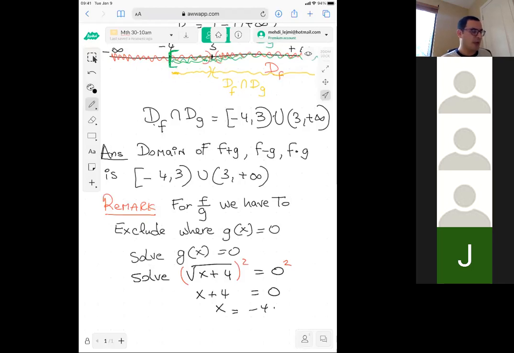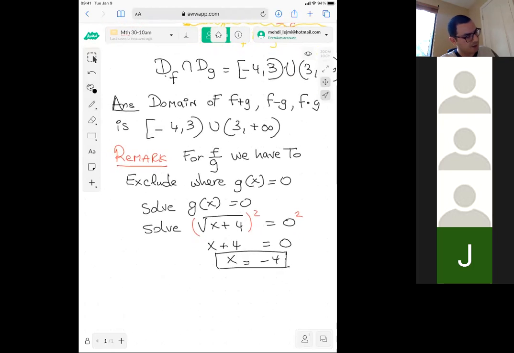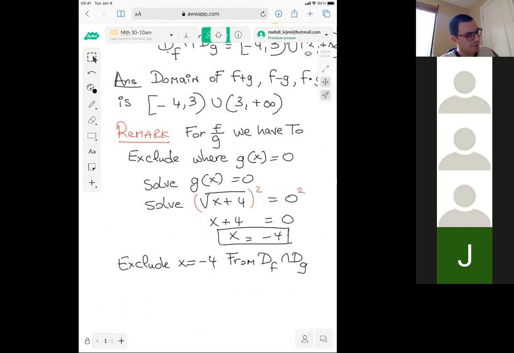So for the domain of f over g, all we have to do is exclude x equal to negative 4 from the intersection or common domain. Now I can write down my answer for f over g.